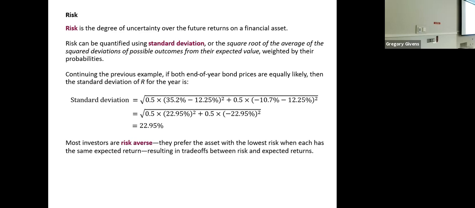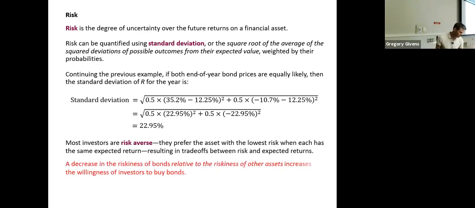What form does that compensation take? A higher expected return. This is the classic risk-return trade-off, right? You can get investors to purchase more risky assets, but the only way you can entice them to do so is if you offer higher expected returns. So there is this trade-off in financial markets between risk and expected returns.